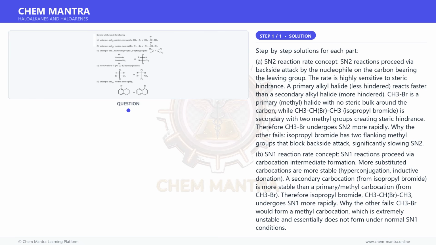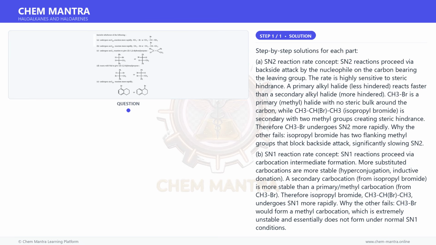Therefore, 1-bromo-1,2,3,4-tetrahydronaphthalene, right structure, Br on benzylic sp3 carbon, undergoes SN1 more rapidly. Why the other fails? The left structure's C1 bearing Br is at a vinylic or allylic position in a system that does not generate as stable a carbocation as a pure benzylic position adjacent to a fully aromatic benzene ring.